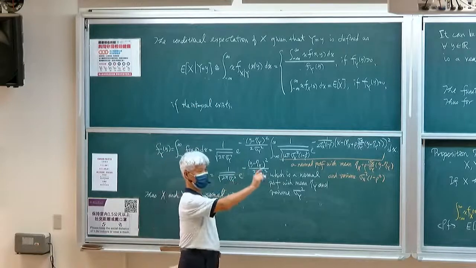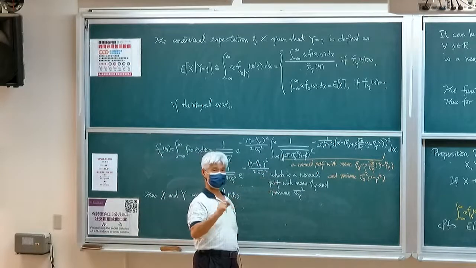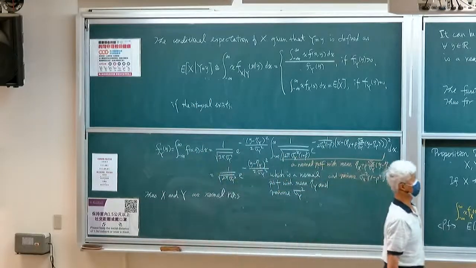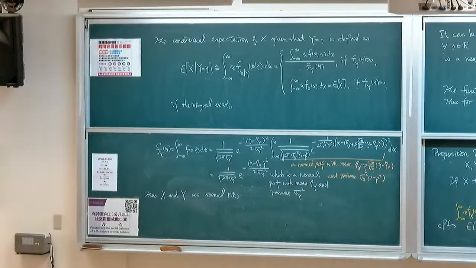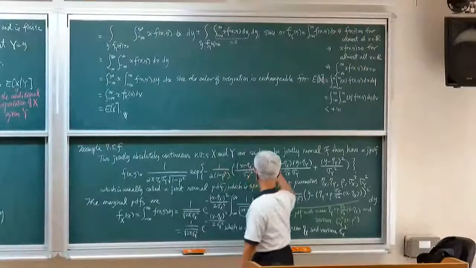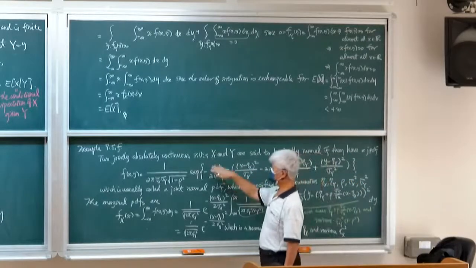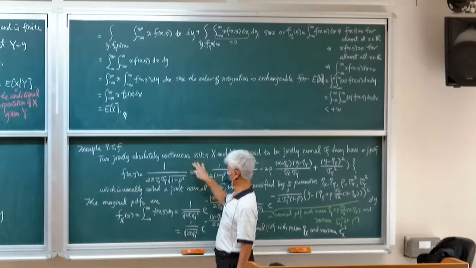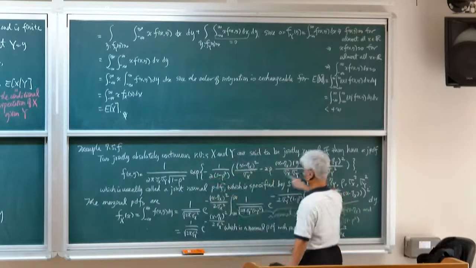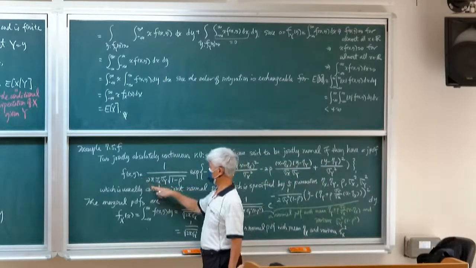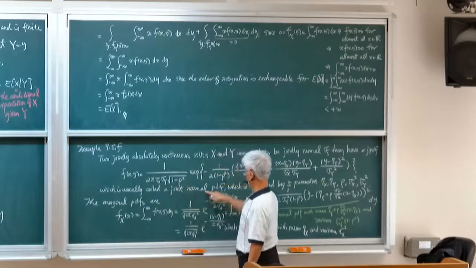When two random variables are jointly normal, it means that they are jointly absolutely continuous with such a joint PDF. This joint PDF is called the joint normal PDF.